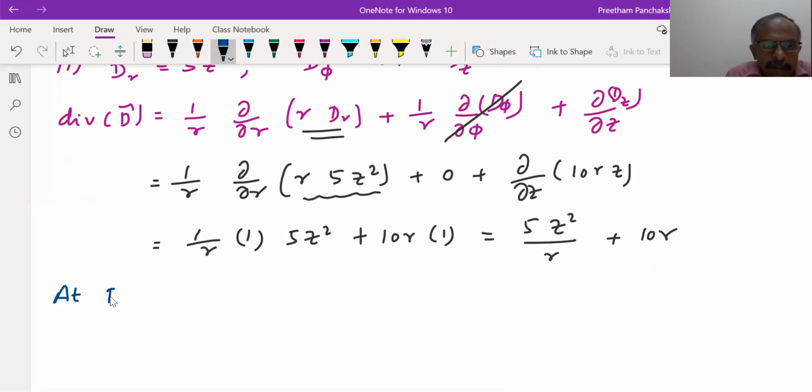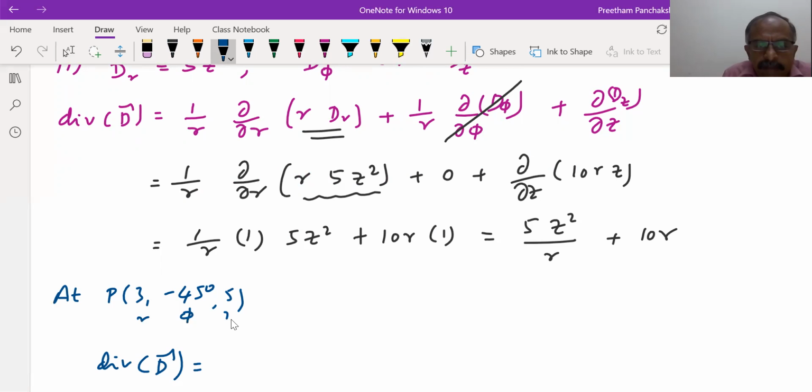So at the point P (3, -45 degrees, 5), we have to find the divergence. Here 3 is r, -45 is phi and 5 is z.